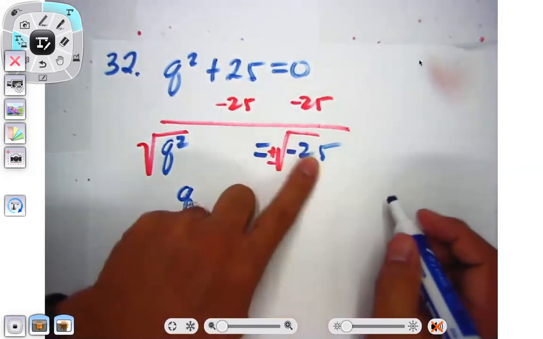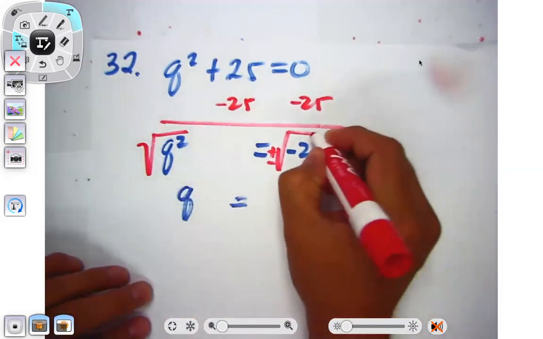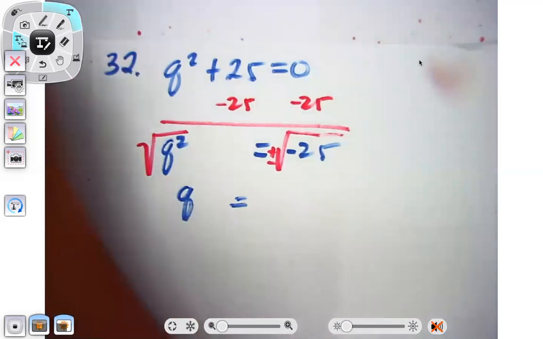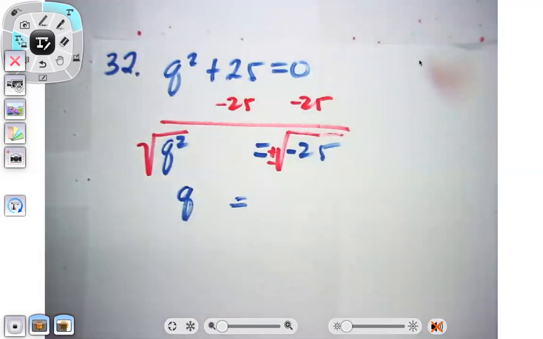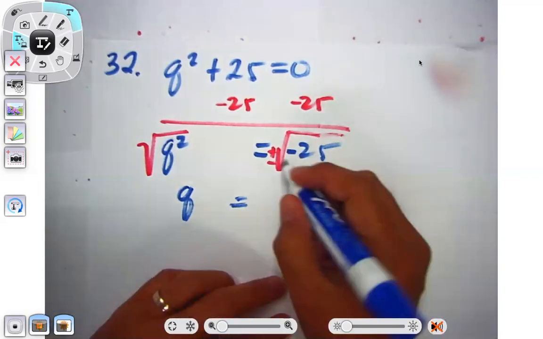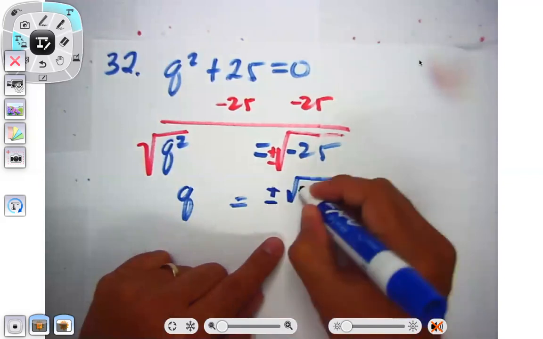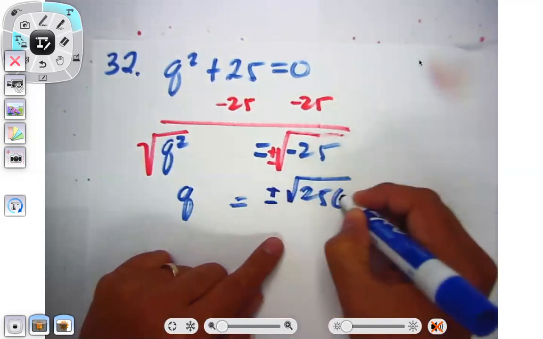Well, we have positive, negative square root of negative 25. That is not a perfect square, right? But note that we can rewrite this as a complex number. So we can write it as positive, negative square root of 25 times negative 1.